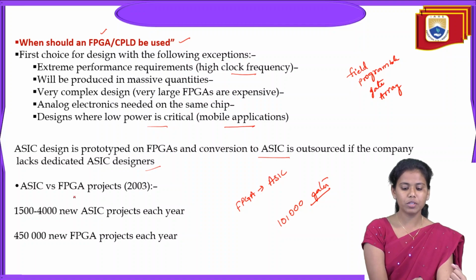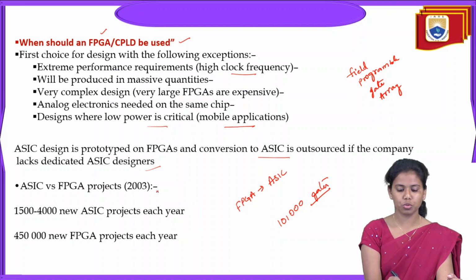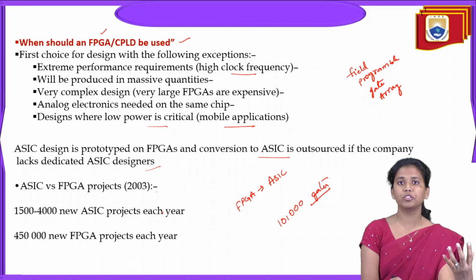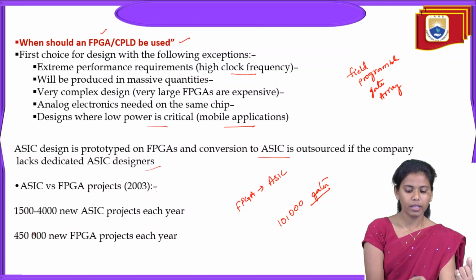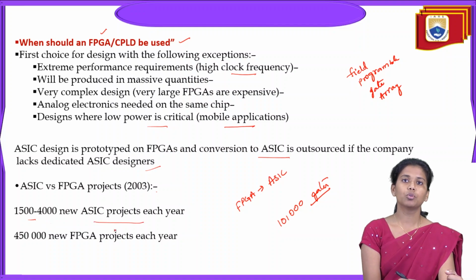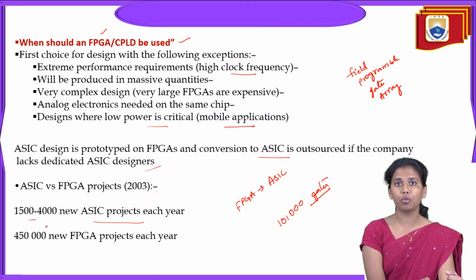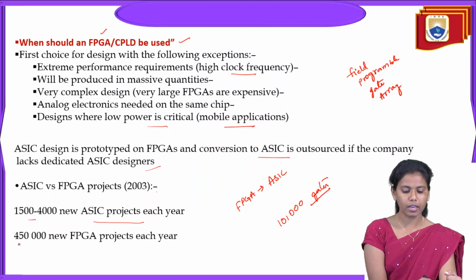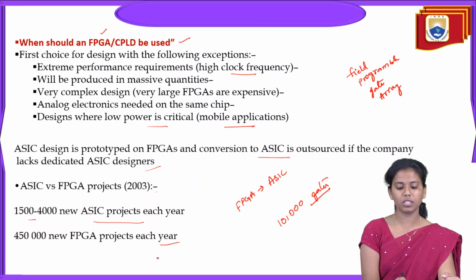Then, ASIC versus FPGA projects in 2003. In the year 2003, there were 1500 to 4000 new ASIC projects each year, and 450,000 new FPGA projects every year.